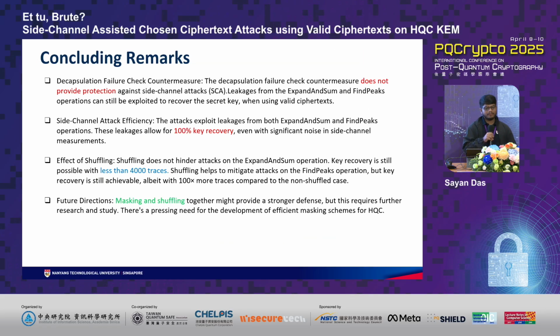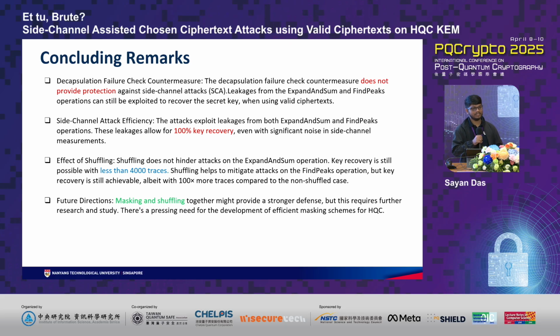To provide my concluding remarks, the decapsulation failure check countermeasure will not work with our attack in place, because the leakages from expand and sum and find peaks operations can be exploited to recover the secret key when using valid ciphertexts. These leakages allow for 100% key recovery even with significant noise in the side channel and a large number of traces.